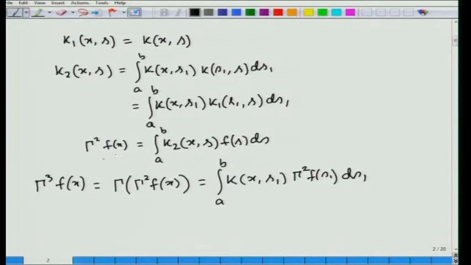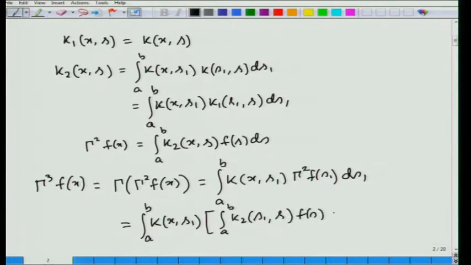Now, from here we can write Gamma 2 f s 1 equal to integral a to b k 2 s 1 comma s f s d s, with d s 1.